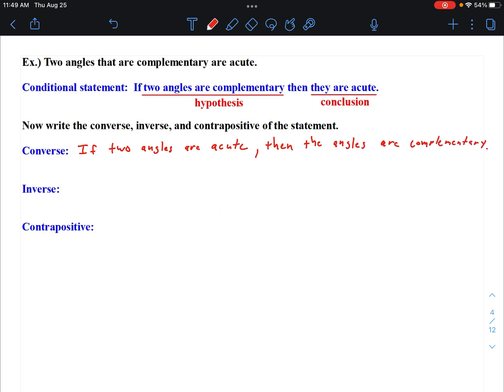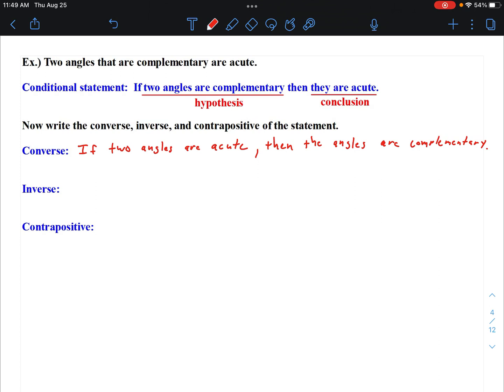Now, that statement in and of itself is not always true. If two angles are acute, that doesn't mean they're complementary. So we're not talking about whether this statement is true or false. We're simply using logic to rewrite these statements.